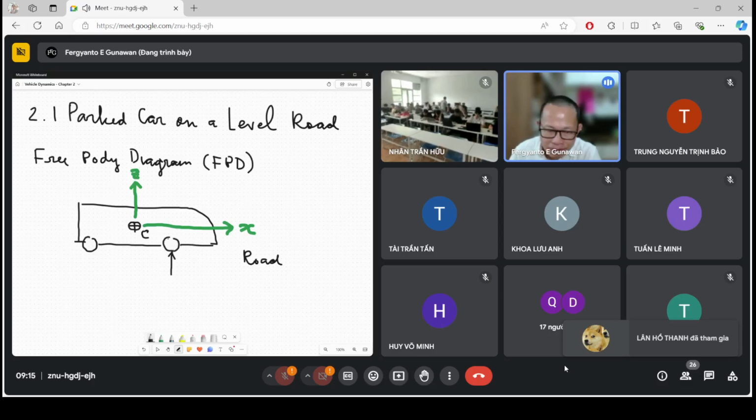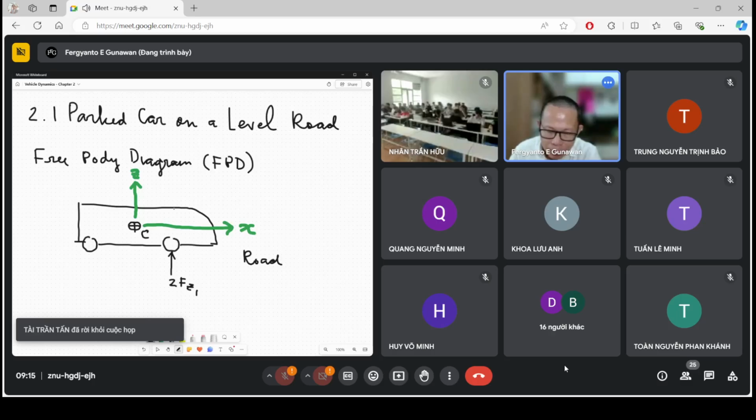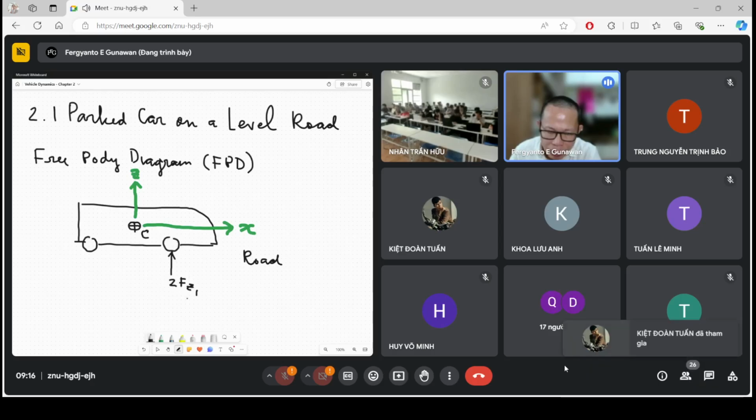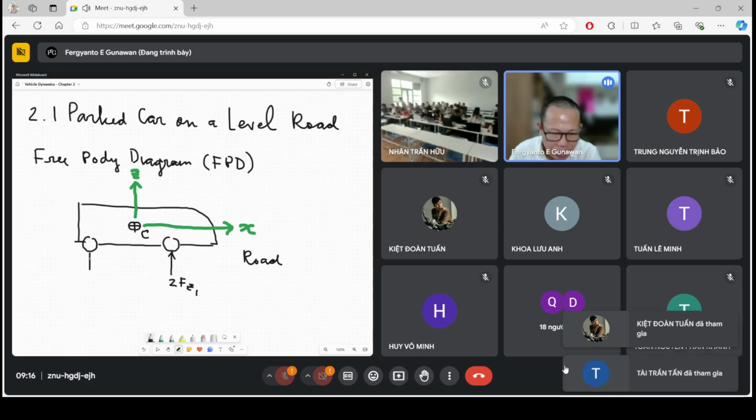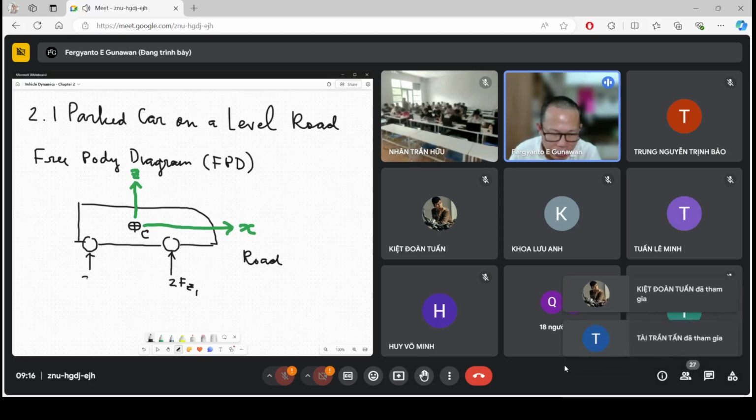This is the front wheel, and we have two front wheels. The force in the Z direction for the front wheel we call FZ1, two forces because we have two wheels here. In the rear we also have two forces, FZ2.